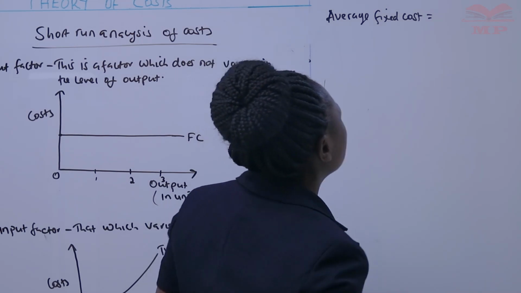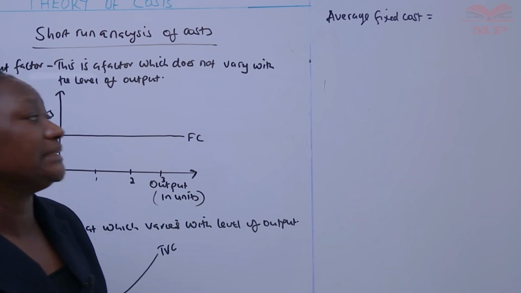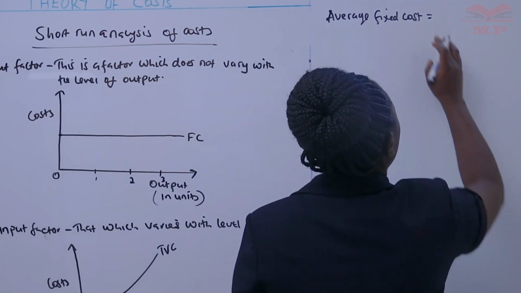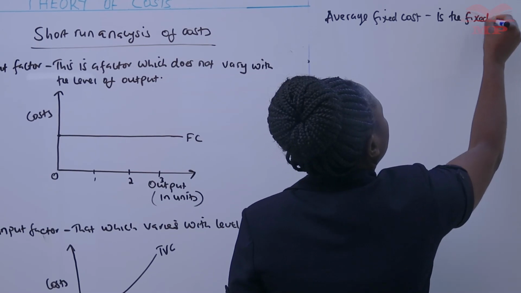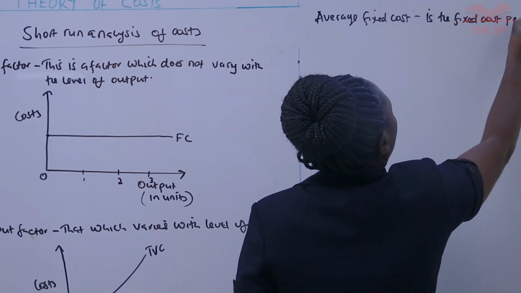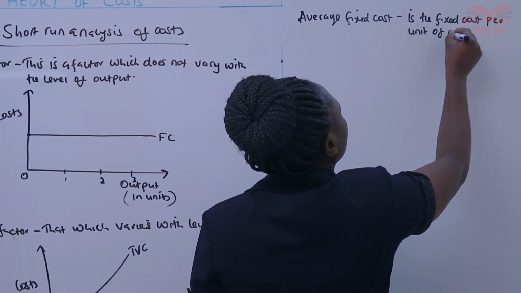So what is average fixed cost? Average fixed cost is simply the fixed cost per unit of output.